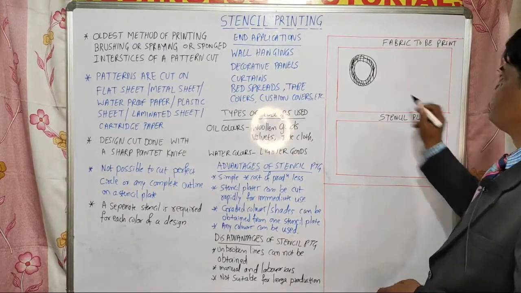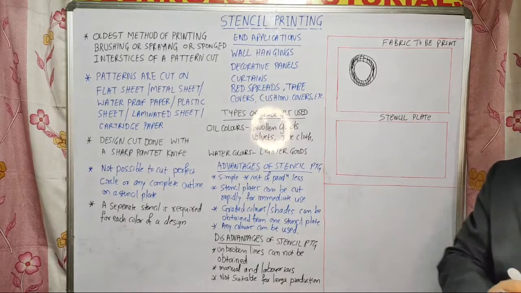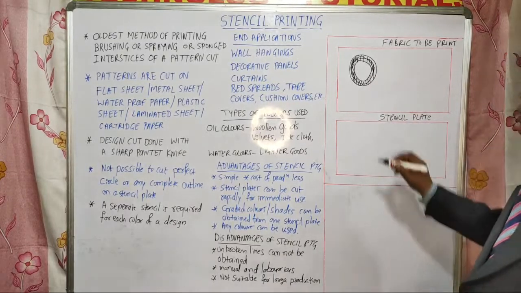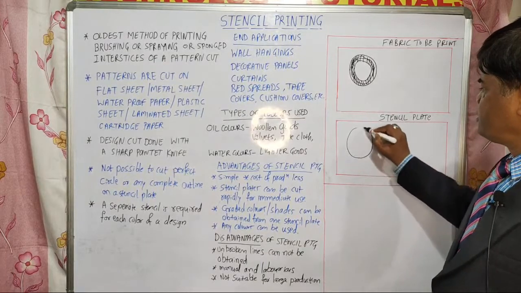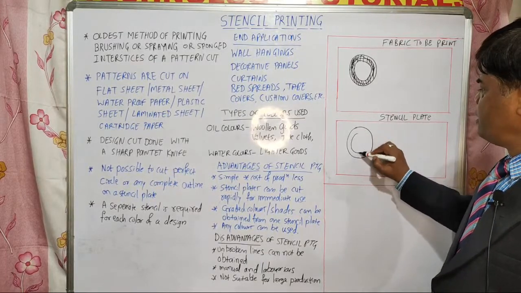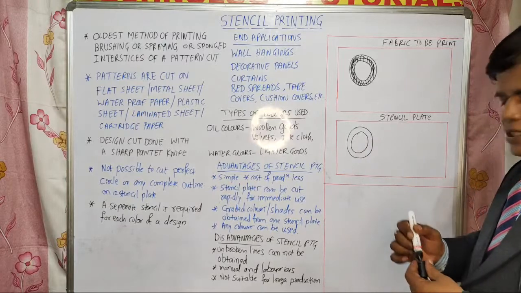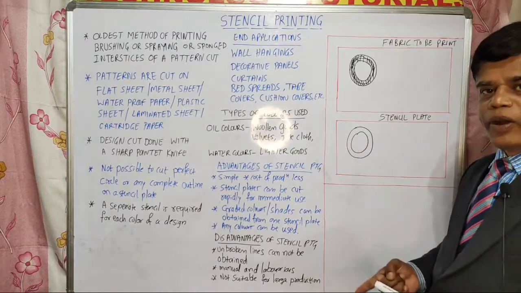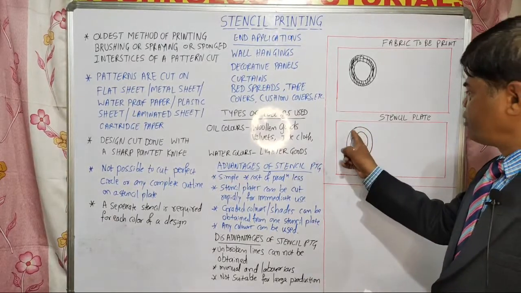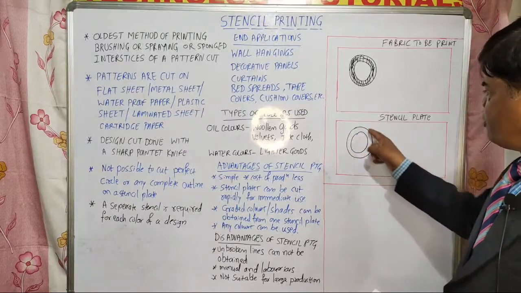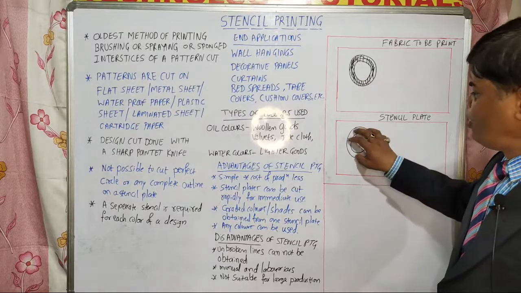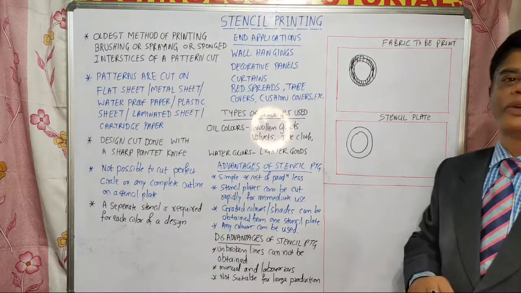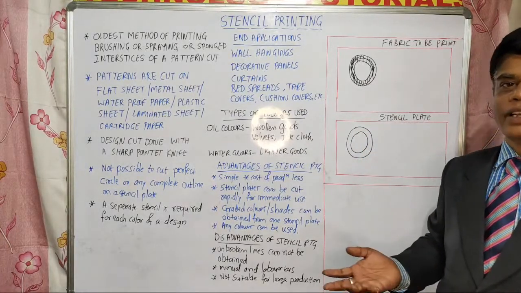To get this O, how to cut the stencil? Friends, shall we cut like this? First, I will take a sharp point blade and cut. If you cut it open, can we get this full? This portion will come outside, then it becomes a solid.